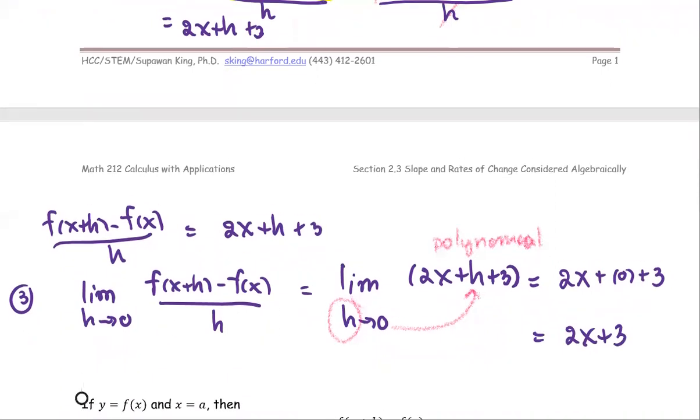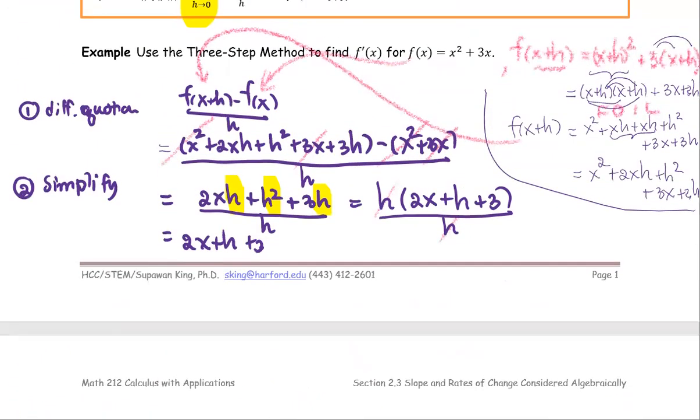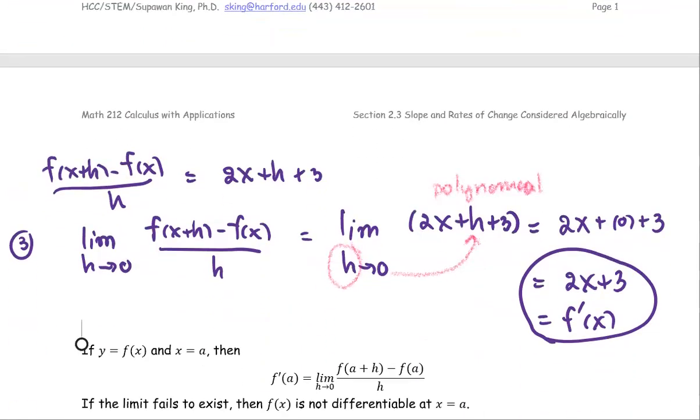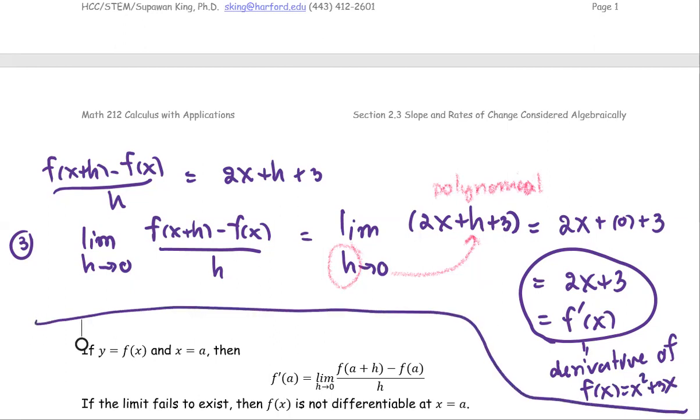And this expression 2x plus 3 is the derivative of the function f of x, where f of x is x squared plus 3x. But this is the hard way to do it.